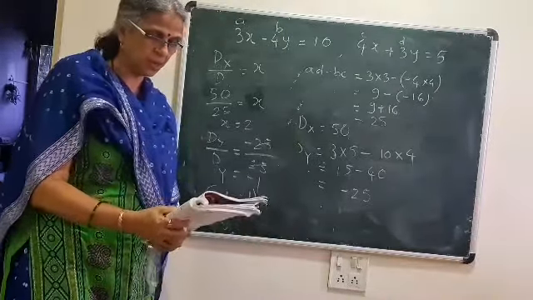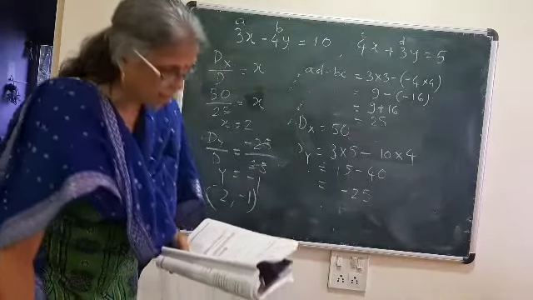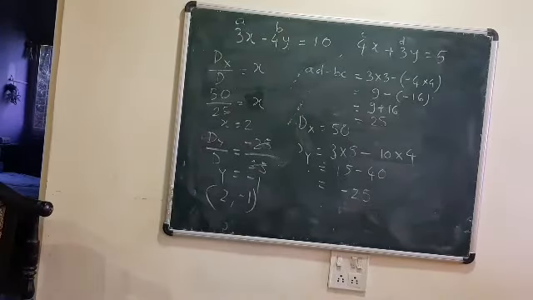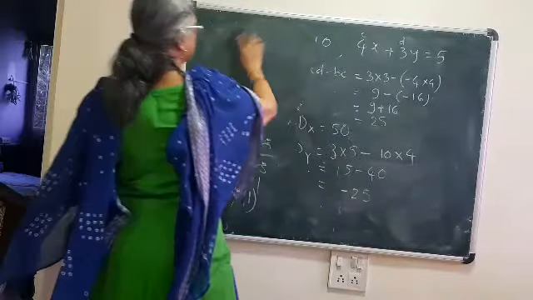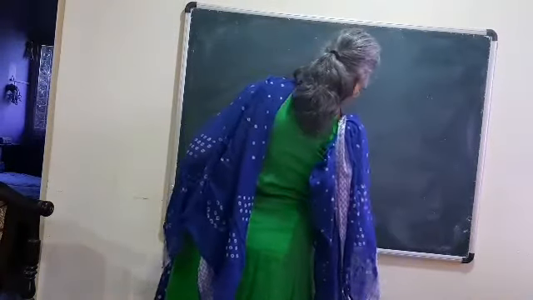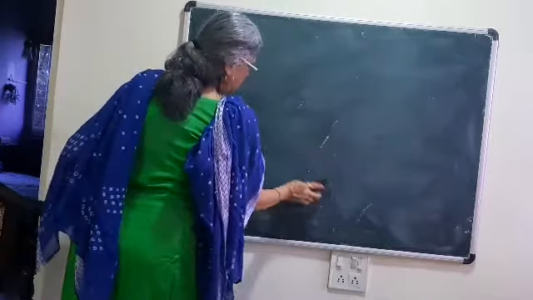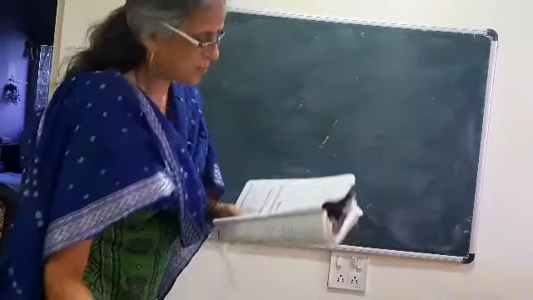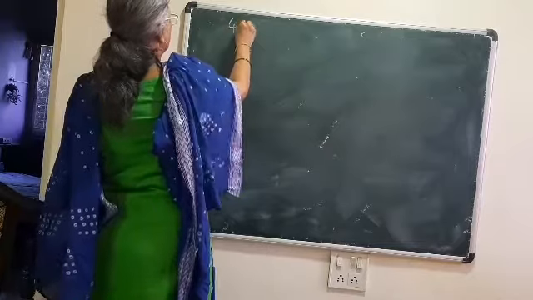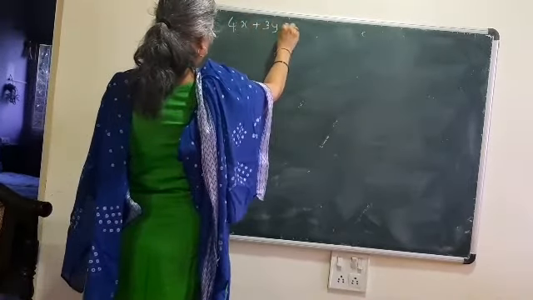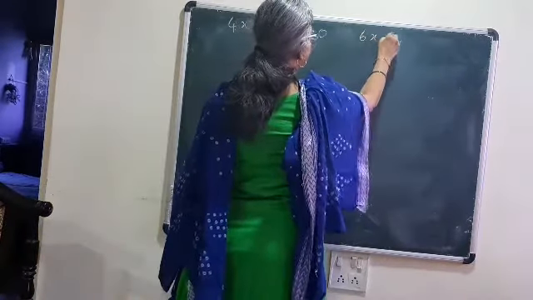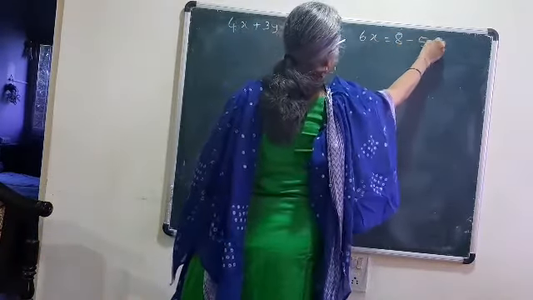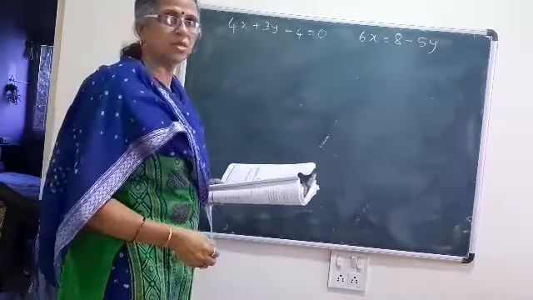Now the second example we are going to solve by Cramer's rule. 4x plus 3y minus 4 equal to 0. And the second is 6x is equal to 8 minus 5y.